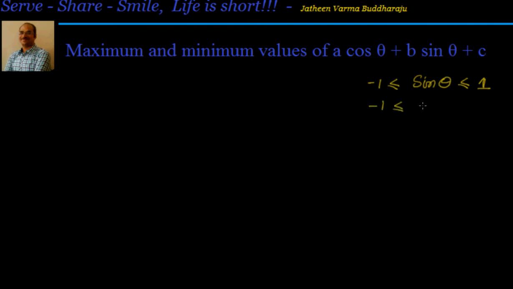Same case is also with cos theta. So we will leverage this to find out the maximum and minimum values of the trigonometric expression a cos theta plus b sin theta plus c.